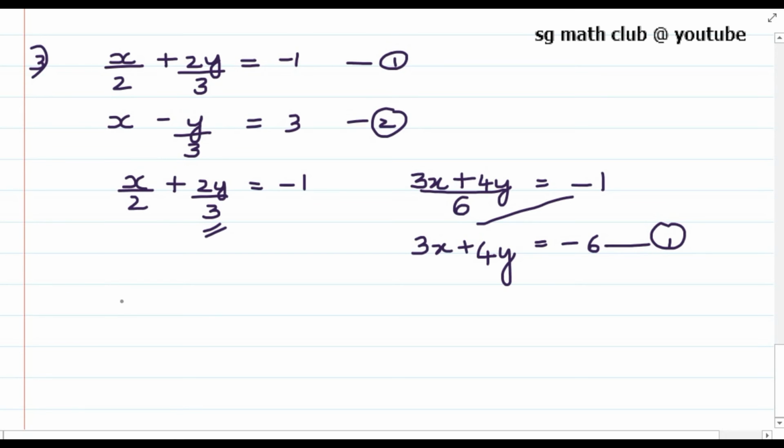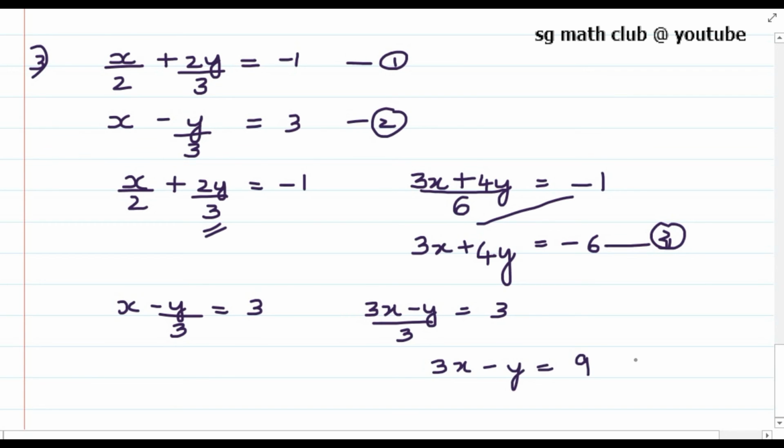So this is your equation number 1. Now you can write this as 3 because already we have given 1 and 2. Now take the next equation, x minus y by 3 equal to 3. Here also you take the LCM. LCM is 3. So 3x minus y by 3 equal to 3. So I can write 3x minus y, cross multiply, this is 9. So this is your fourth equation.